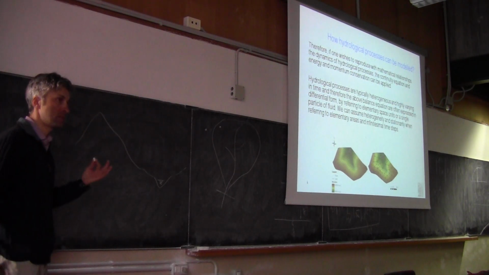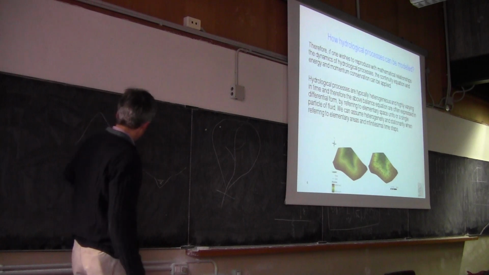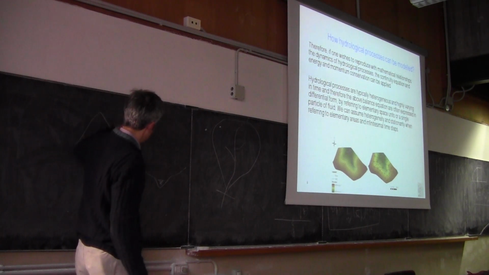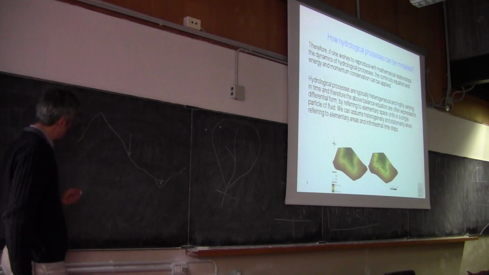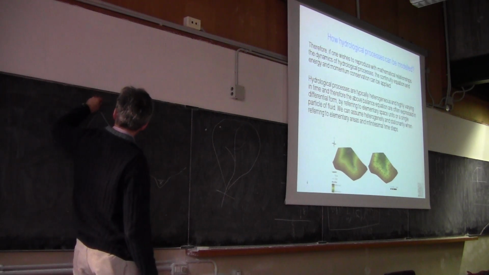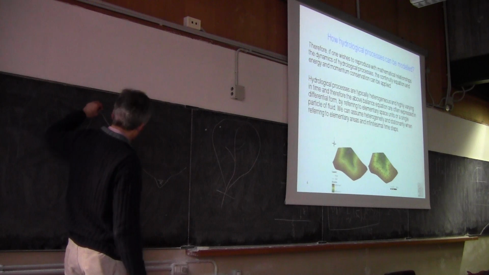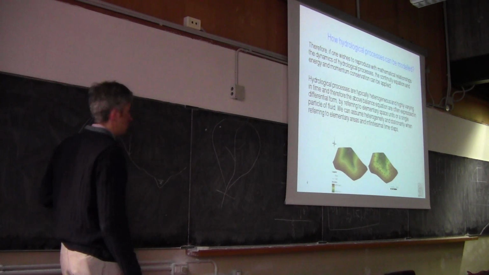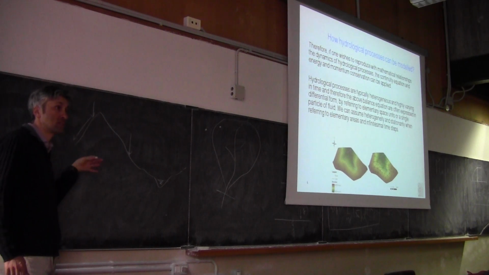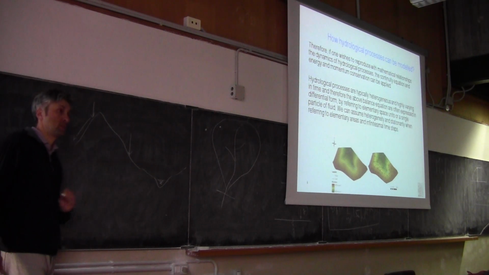Of course, if a drop rains here, then it goes to the river, that's fine. But if a drop falls here, it goes on the other side of the divide, and therefore you assume that it doesn't contribute to the runoff here.